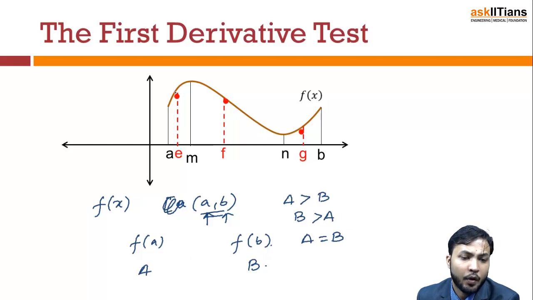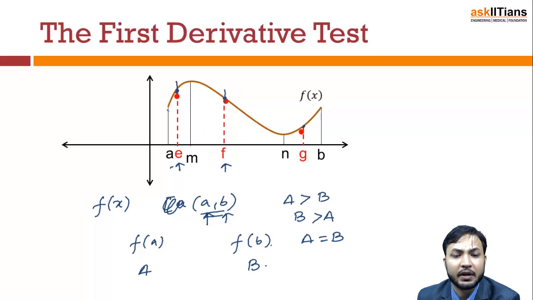Now, with respect to what we have just looked at, these are the areas that we need to focus on. Let's say I consider the interval e to f for the function.